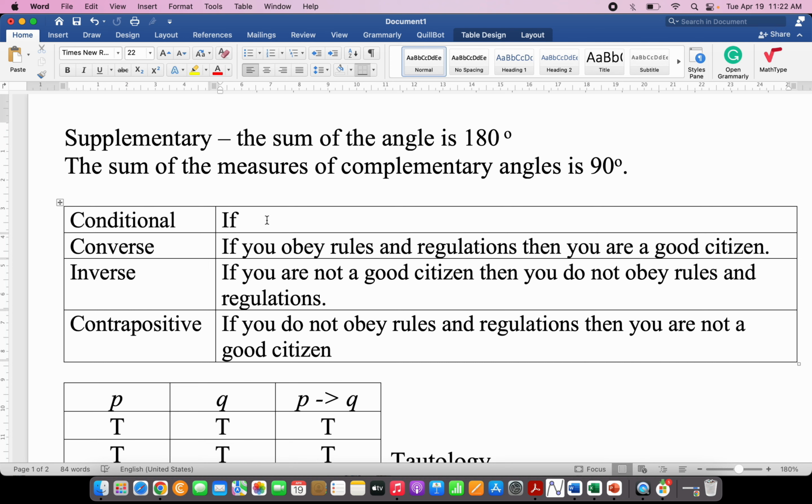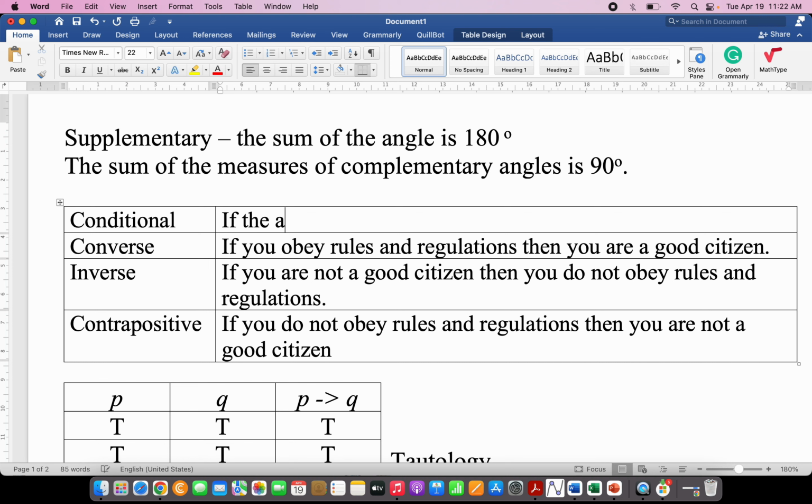So, if the sum... I'm sorry. In this case, dapat ibahin natin ng konti yung statement. The subject actually is complementary angles. So we need to determine first the subject and then the predicate of the sentence.